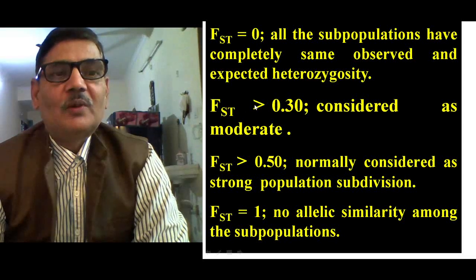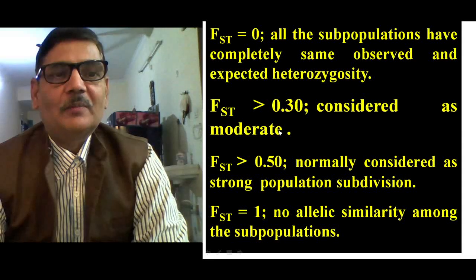And if this value is more than 0.30, that is more than 30%, then it is considered to be of moderate type. It means the populations are moderately differentiated from each other.